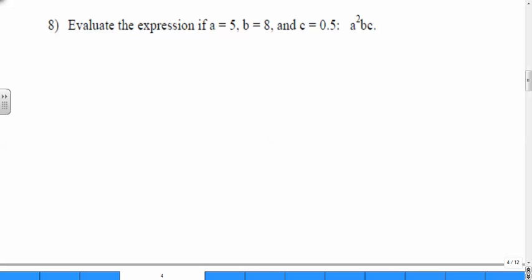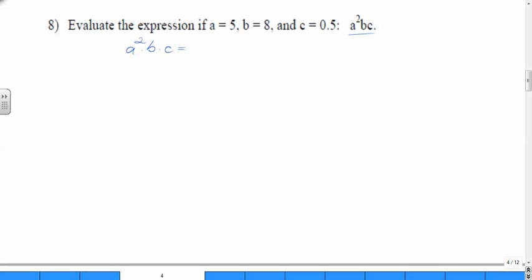Number 8, evaluate the expression if A equals 5 and B equals 8 and C equals 0.5. A squared BC. Well, A squared times B times C. That's what pretty much this is telling you, right?